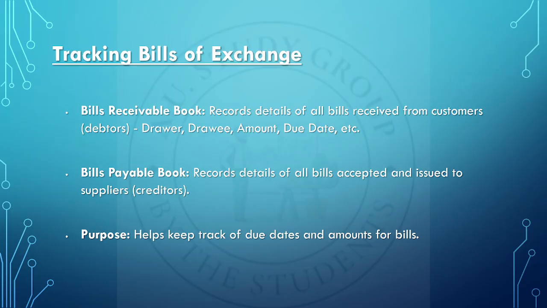All bills accepted and issued to suppliers are bills payable. So when a supplier gives us goods on credit, a bill payable will arise, and we'll record these in the bills payable book. These basically help track due dates of amounts to be received from customers, and also due dates of bills to be paid to the suppliers.